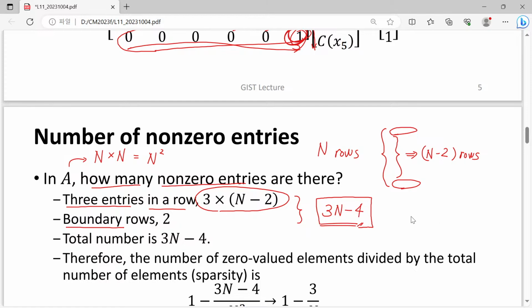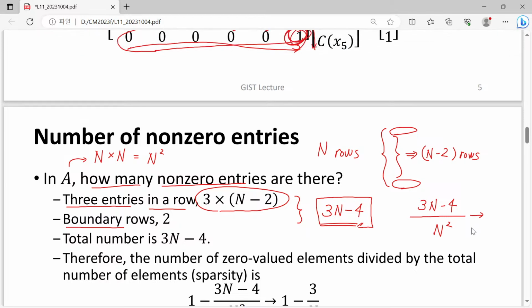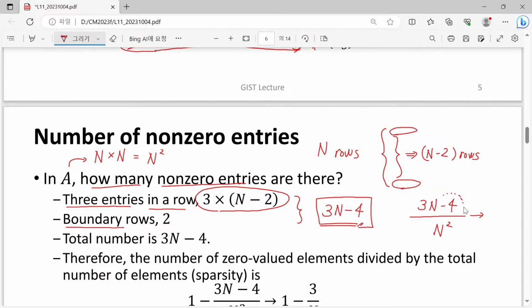If we calculate the ratio between them, 3n minus 4 divided by n squared, for a very large n value, not 1, 2, 3, but million, billion, the number 4 doesn't play any role, so we can safely neglect it.